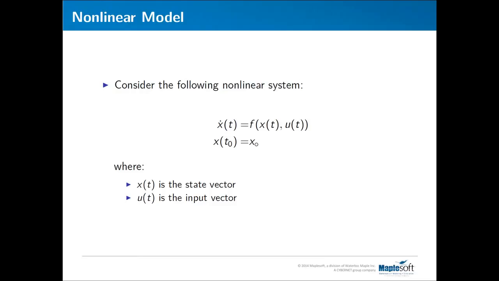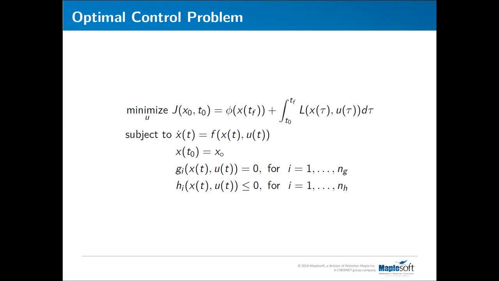Consider a nonlinear dynamic system with x as the state vector and u as the input vector, and also an optimal control problem for this system where we want to minimize a cost function, which is a function of the final state plus the effect of the trajectory of the system going from the initial time to the final time.